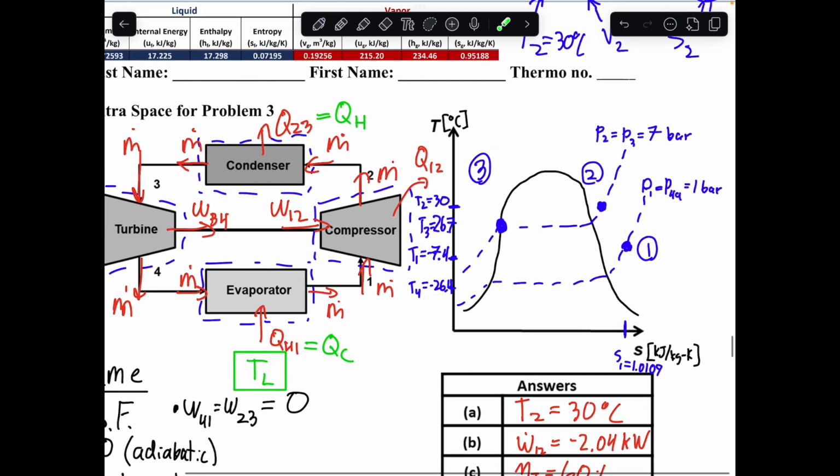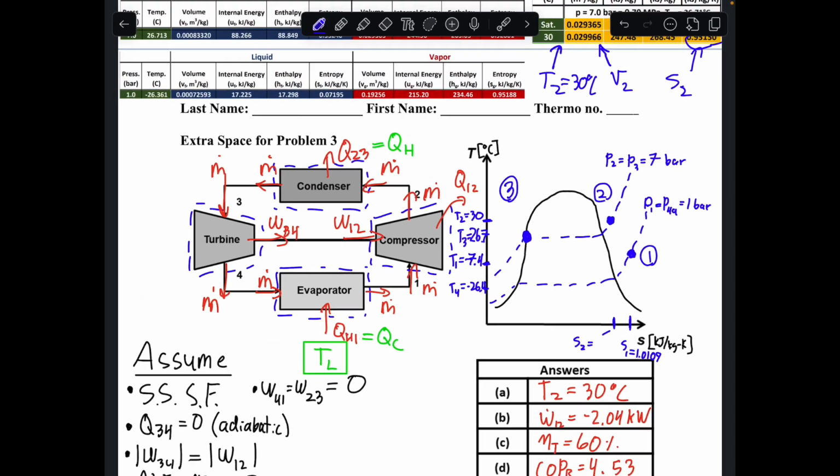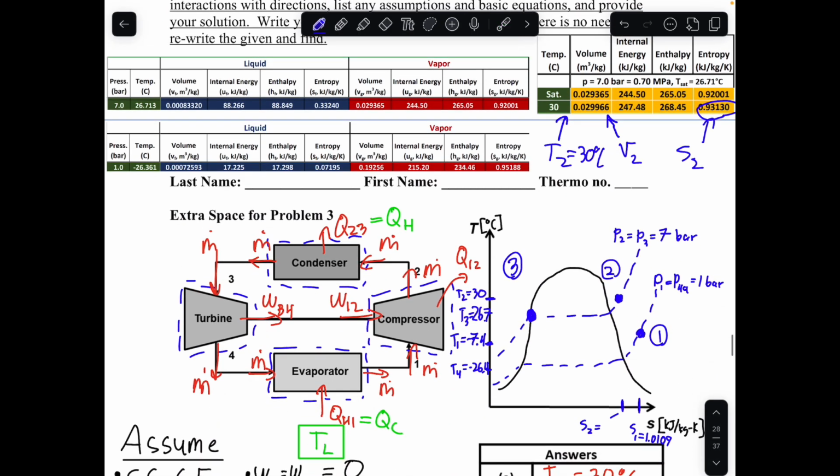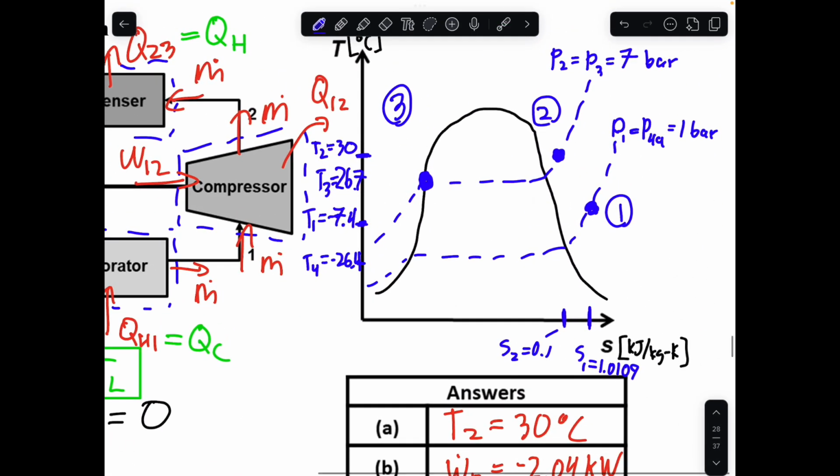Oops, I forgot to draw in my entropy value for state 2. So that will be, again here, I'll try to draw this in. S2 equals 0.9313.